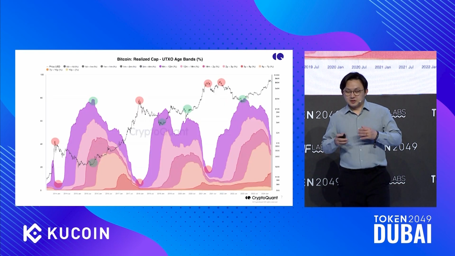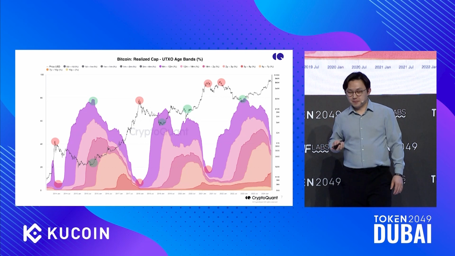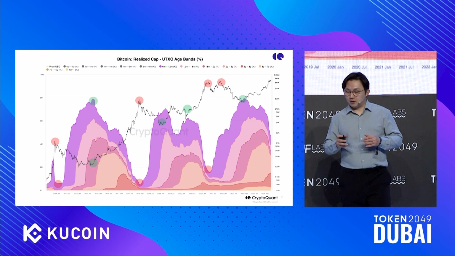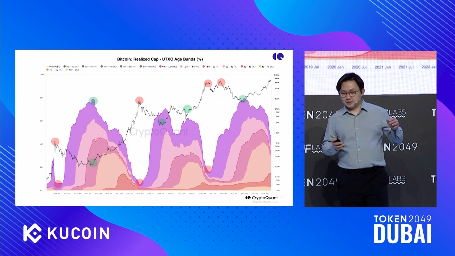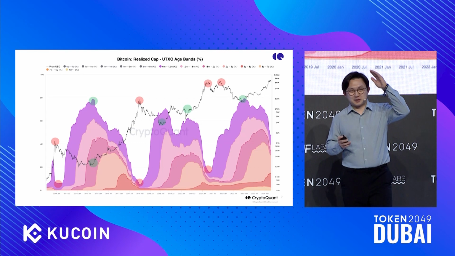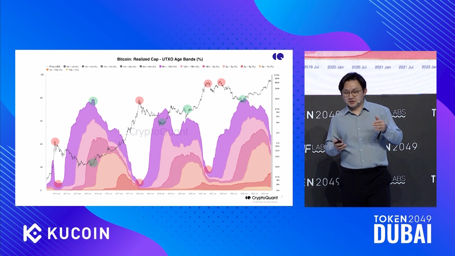And if you look at the distribution by age bands, the bitcoins that haven't moved for over 6 months make up around 50%. Whenever it gets to the cyclical top, this ratio goes below, I would say, 20%, which means 80% is held by short-term holders.